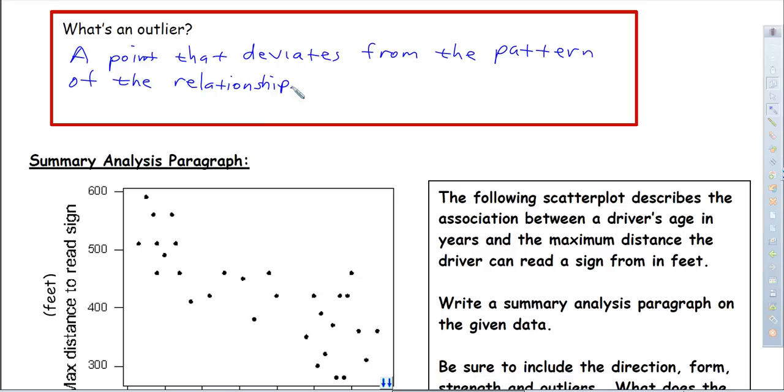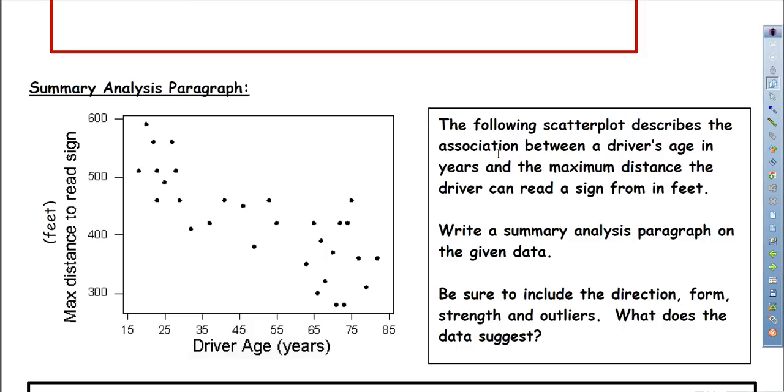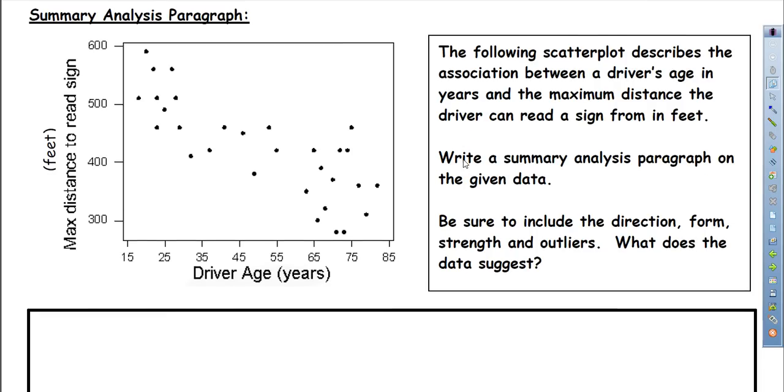So let's put all this together. So direction, form, strength, outliers, and we're going to tie this into writing a summary analysis paragraph. So back to our example that we've already looked at, we have a summary analysis paragraph. The following scatter plot describes the association between a driver's age in years and the maximum distance the driver can read a sign from in feet. Write a summary analysis paragraph on the given data.